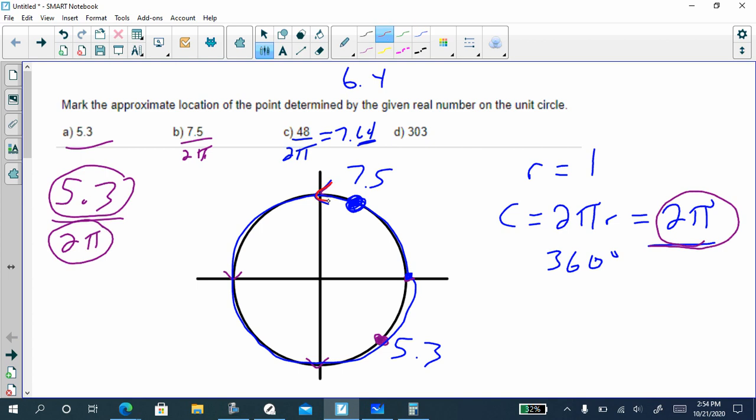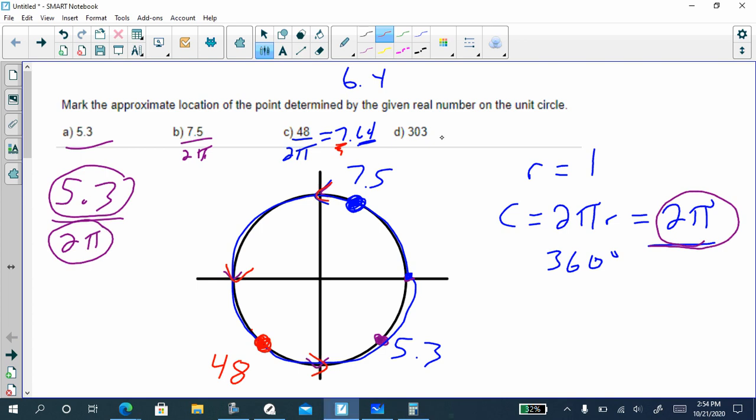So that'd be 25, 50, 75 to there, so between 50 and 75. So somewhere down here would be 64% of the way around. So if we go around 7 times and then 64% of the 8th time, we would get to about there. So that's where 48 is.